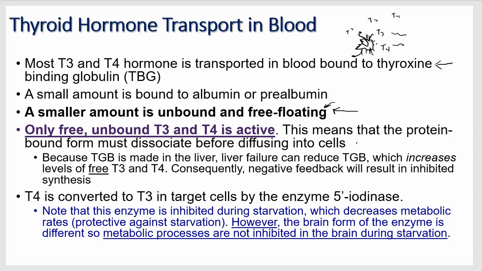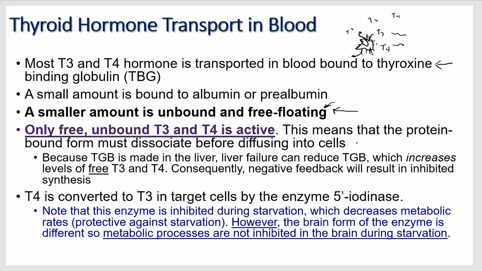Liver failure can reduce how much TBG is there, which means that it's not there to hold on to the thyroid hormone, which means that you're going to have an increase of free thyroid T3 and T4. Okay, so if you don't have the thing holding it, you're going to have more floating around.